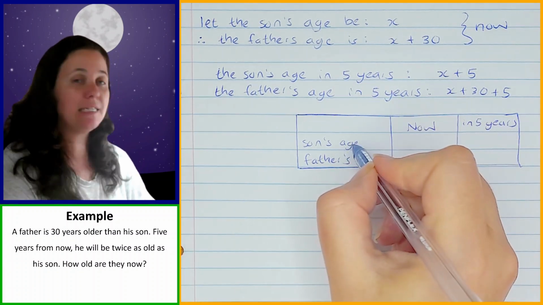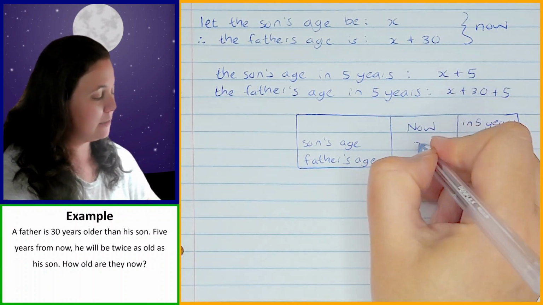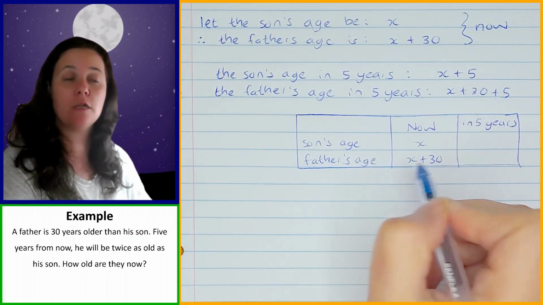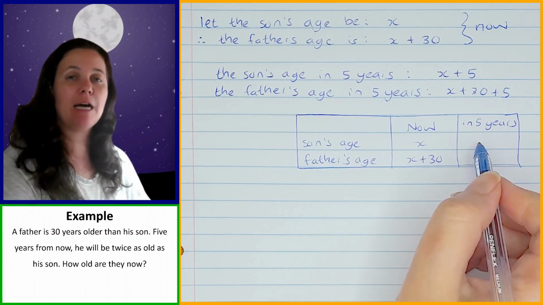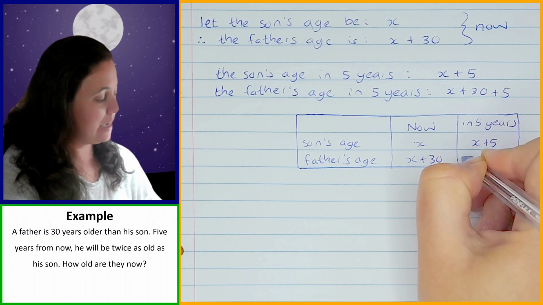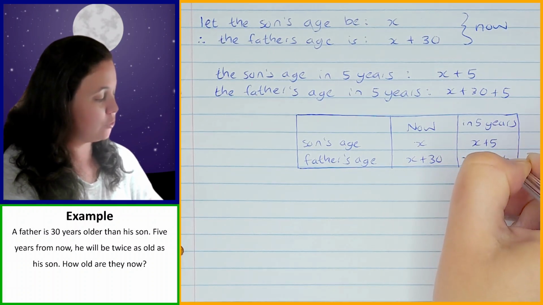Okay, so over here, the son's age now, I made x, and the father's age now is x plus 30 because he's 30 years older than the son. And then in 5 years' time, I just add 5 to both of their ages. So x plus 5 and x plus 30 also plus 5.